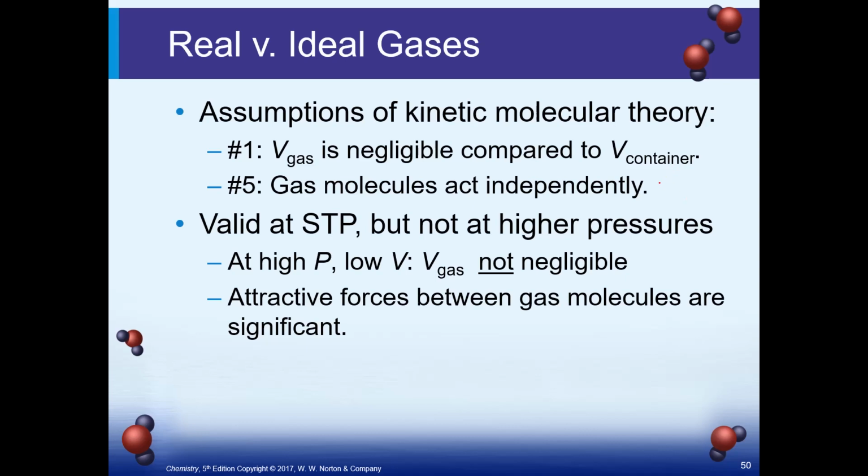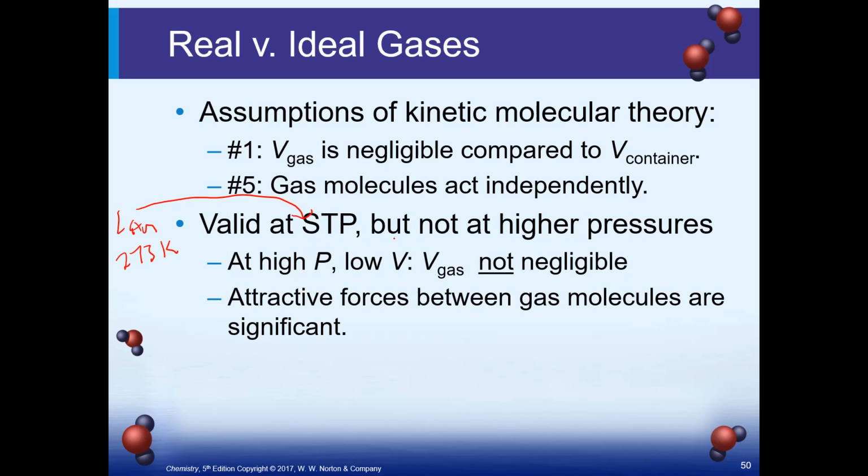And the fifth part of the kinetic molecular theory is that gas molecules act independently. These assumptions are true at STP, which is 1 atm and 273 Kelvin, but it's not true at higher pressures.